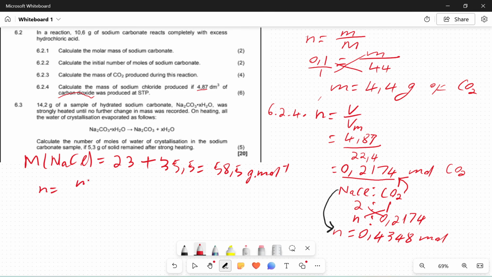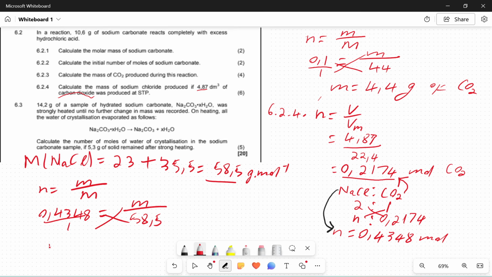Once I have this, I'm going to go to my formula. n is equal to mass over molar mass, and then I substitute. What is my number of moles for sodium chloride? It's 0.4348, is equal to the mass, which is what I'm looking for, divided by the molar mass, which I just found, and it's 58.5. From here we do cross multiplication.